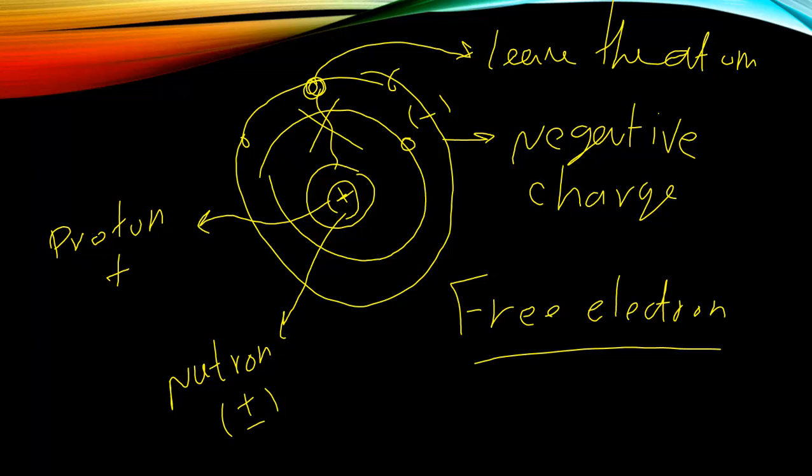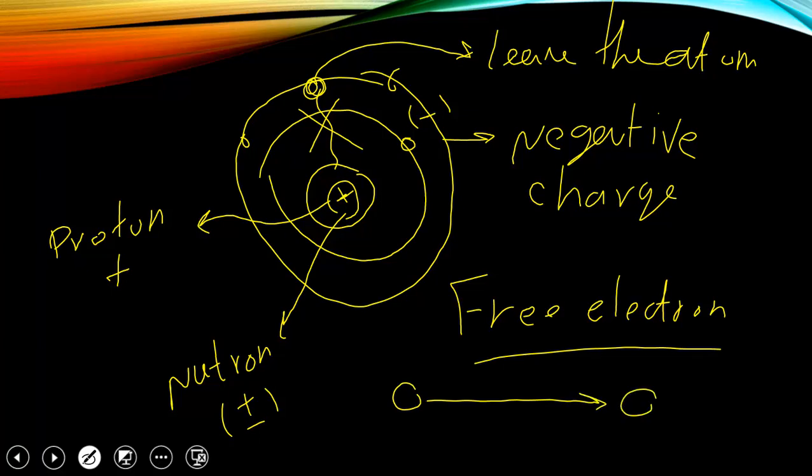So a free electron is a small particle that has a negative electric charge. If this electron transfers from one position to another, this means that the electric charge transfers from this position to that position.